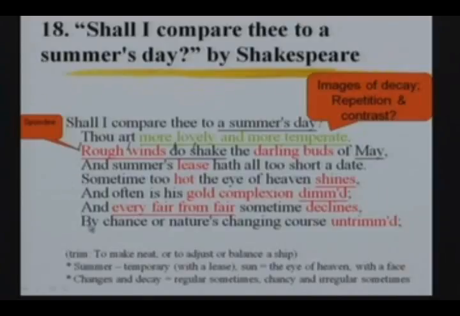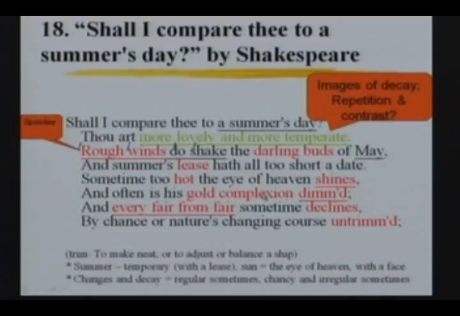Okay, and then here the second quatrain again describes the uncertainties or the changefulness of summer. Sometimes too hot the eye of heaven shines. Sometimes the eye of heaven, the sun, shines too hot, and often his gold complexion dimmed, and often his gold complexion is dimmed.